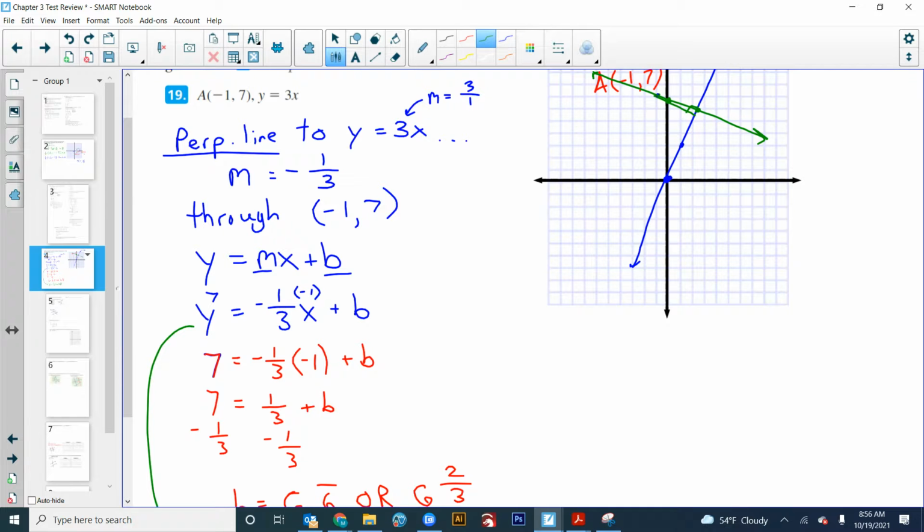So how do we find out where it crosses the blue line? Well, set them equal. Find out where they equal. So we have the blue line, the blue line in our picture is y equals 3x. And this work is to find out where they intersect.